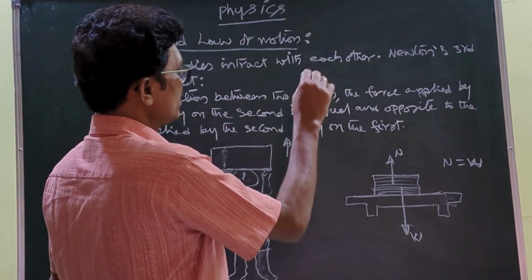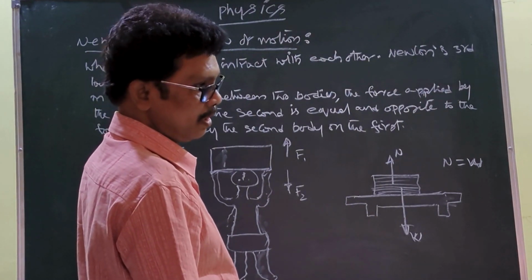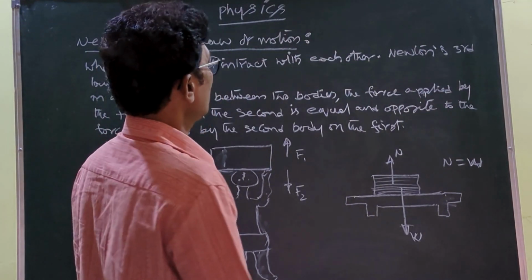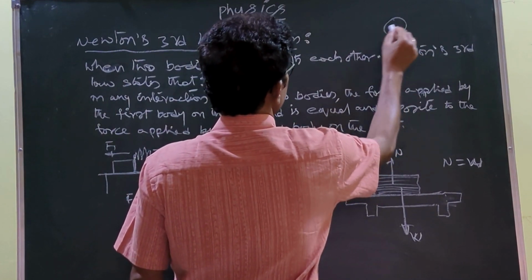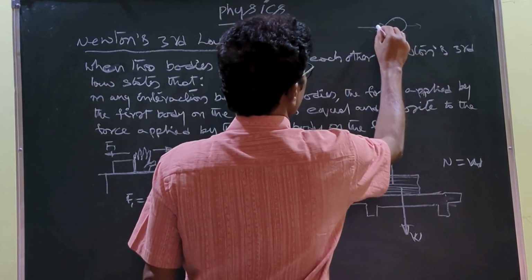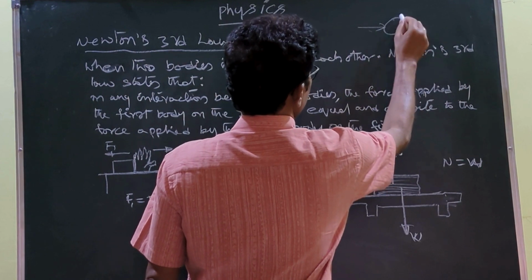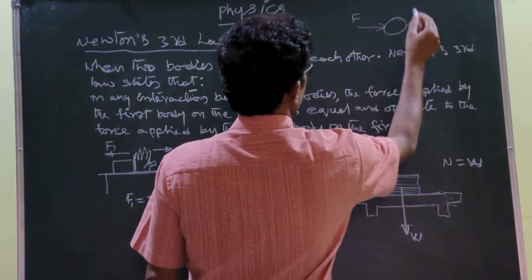The first law states that if there is an unbalanced force, the object gets acceleration. Suppose this object is in the rest condition. If you apply a force, this is an unbalanced force and the object gets velocity.